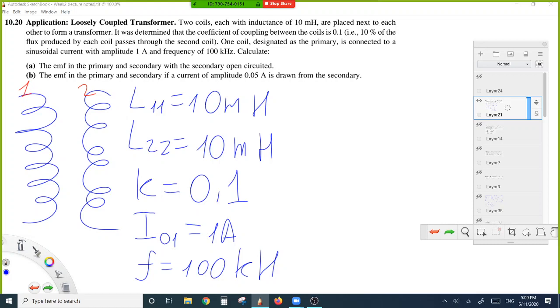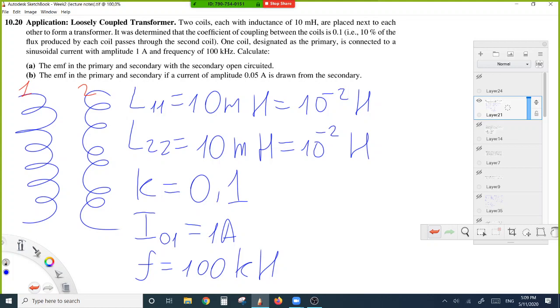First of all, let's convert all these numbers into SI units. 10 millihenry is 10 to the power of minus 2 Henry, and again 10 to the power of minus 2 Henry. K is dimensionless.